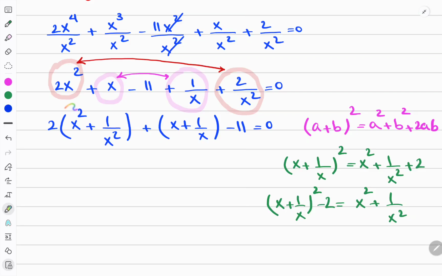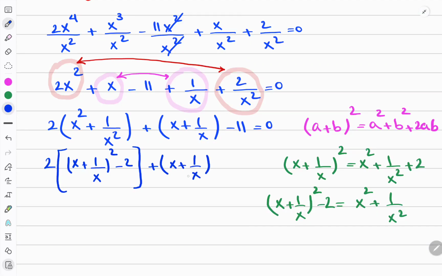So in this equation, instead of these parentheses, you can use x plus 1 over x squared minus 2. So 2 times squared minus 2 plus x plus 1 over x minus 11 equals 0.